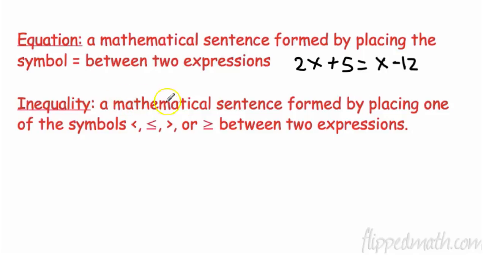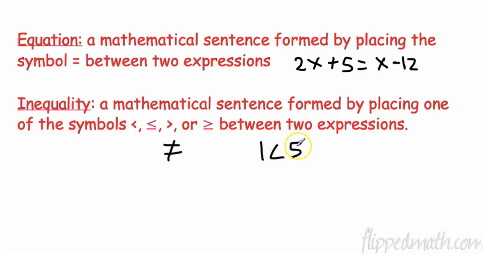The next one, inequality. This is a mathematical sentence formed by placing one of the symbols less than, less than or equal to, greater than, or greater than or equal to between two expressions. You could also use not equal. An example of this, you can say 1 is less than 5, right? 5 is the bigger number.